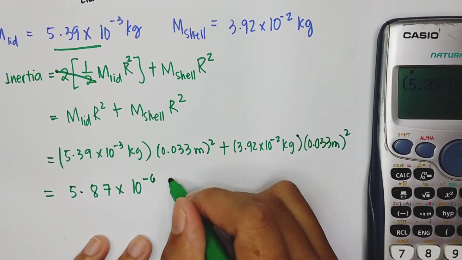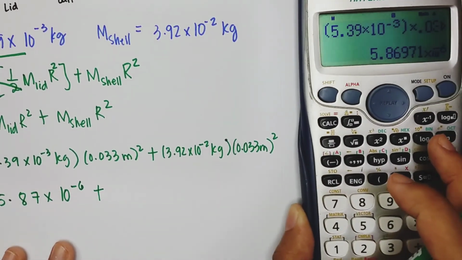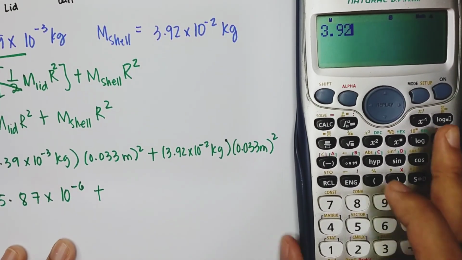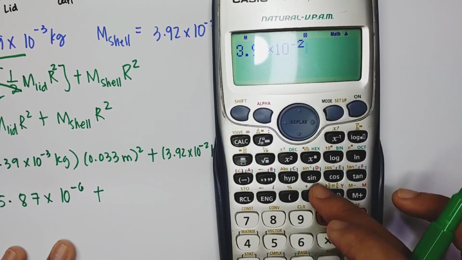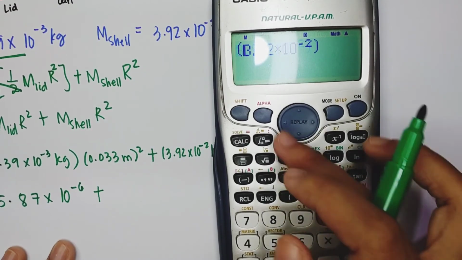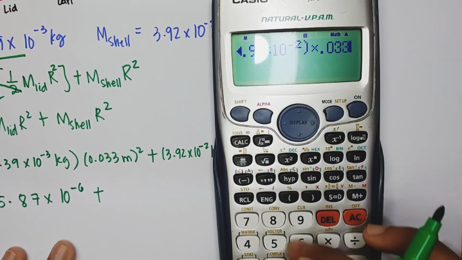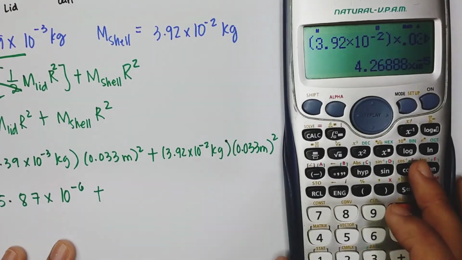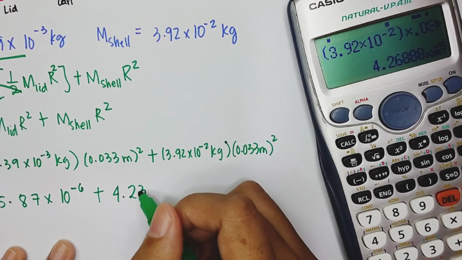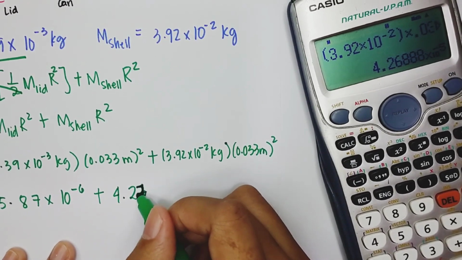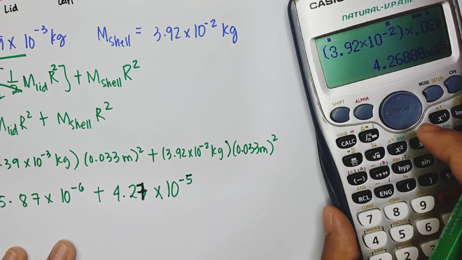Then plus 3.92 times 10 to the negative 2 times 0.033 squared, which is equal to 4.27 times 10 to the negative 5.